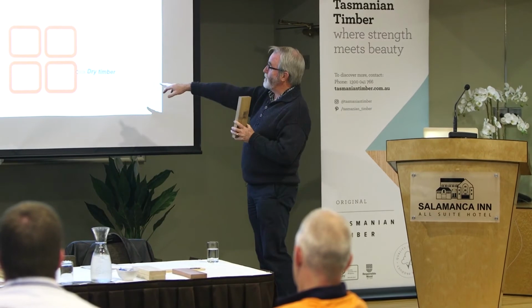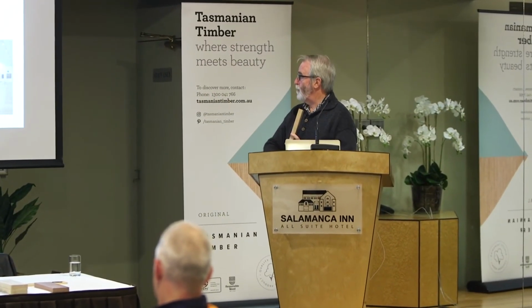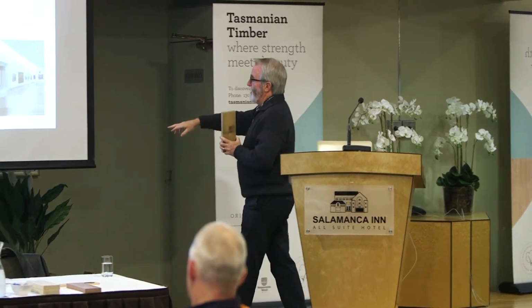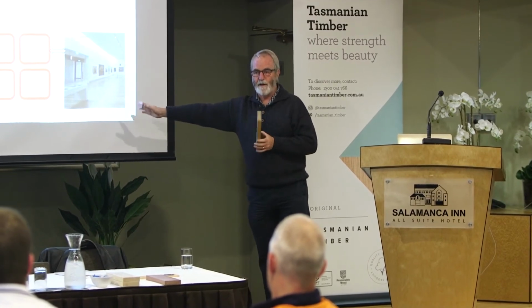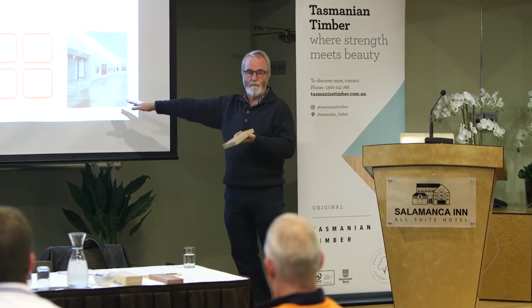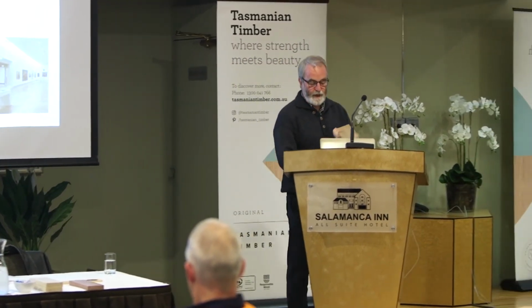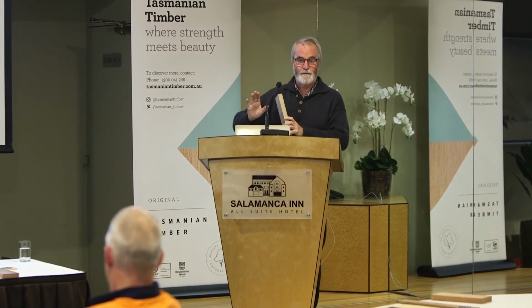So you get dry timber. Now, if you put that dry timber in this beautiful museum where the inside moisture conditions are being heavily controlled, the timber will give out moisture to be in equilibrium with that environment. If you take that same piece and you put it outside, then it will take moisture in and that will go into the cell structure. If you put it back in the museum, it will lose it again.